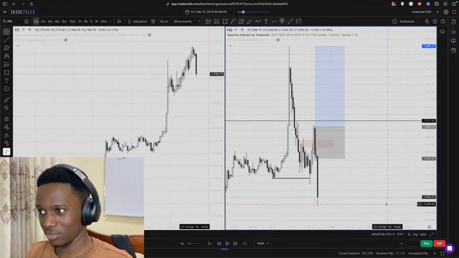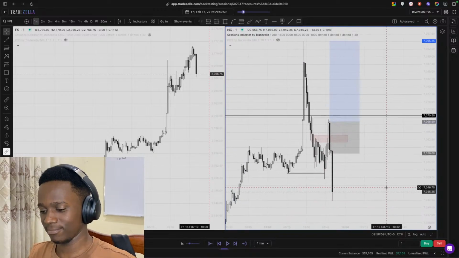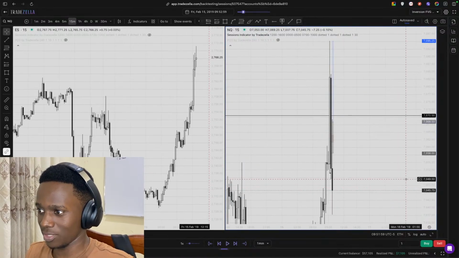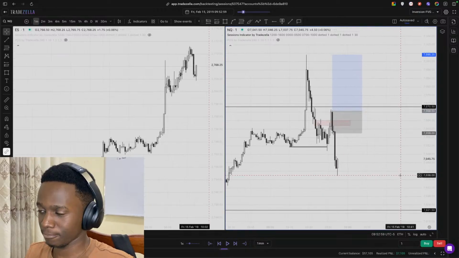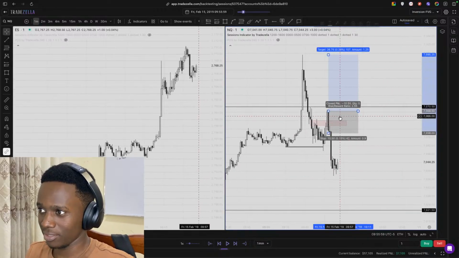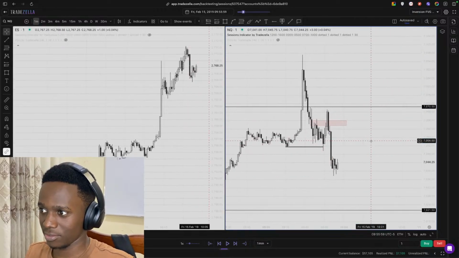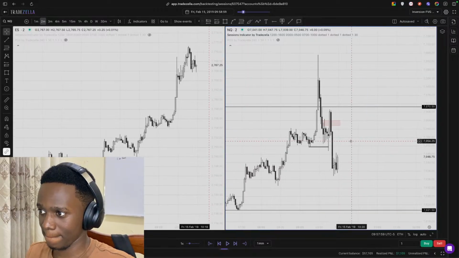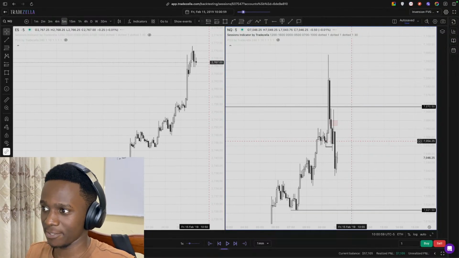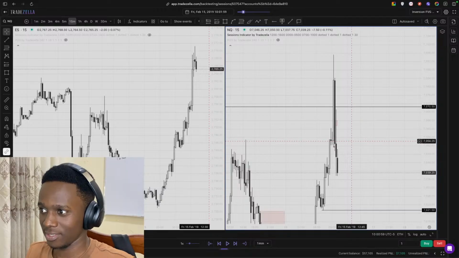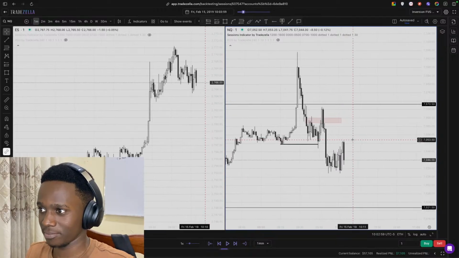Ow, that wasn't good. Stop gets hit right away. Now we'll have to wait for the inversion here, if price will dare represent 1, because chances are it won't.